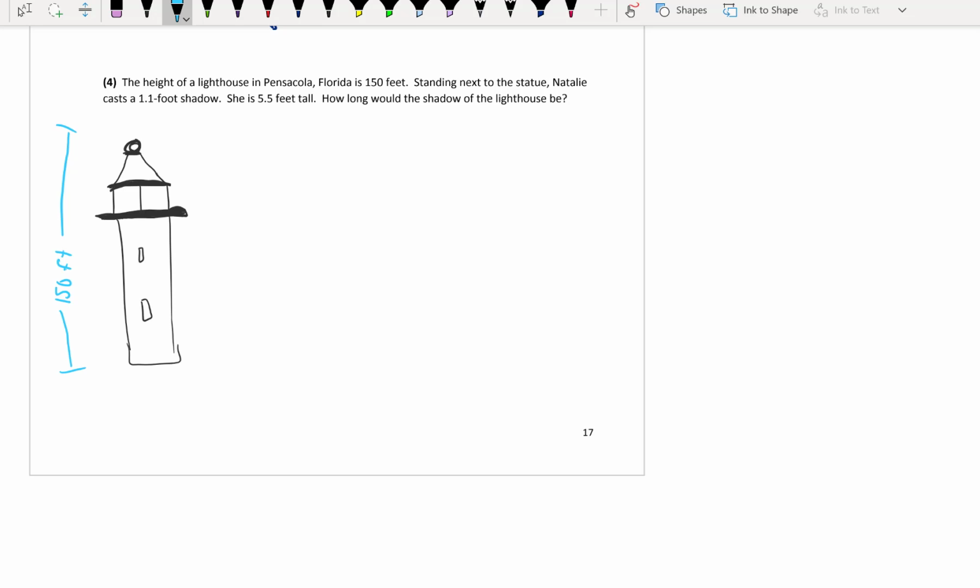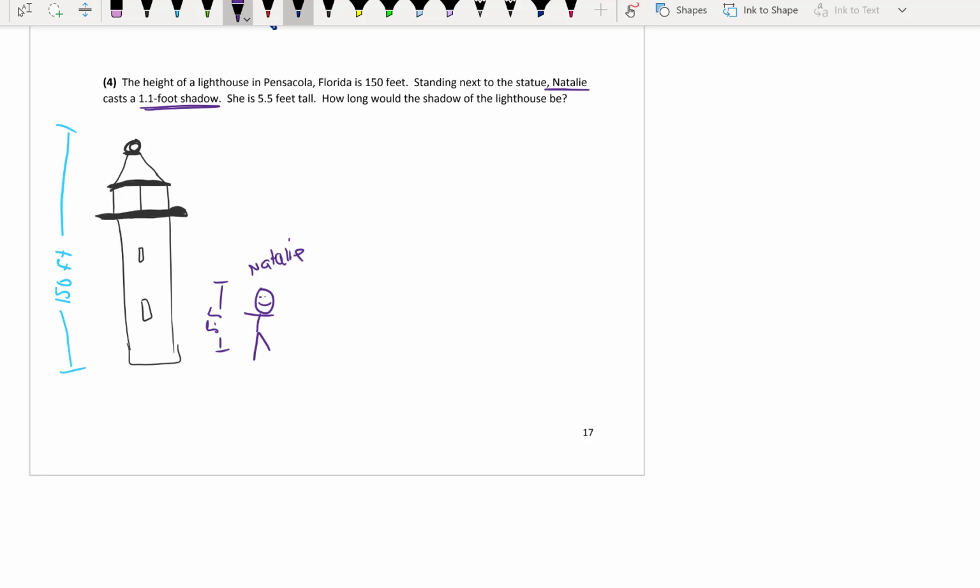And then it says that standing next to the statue, Natalie can cast a 1-foot shadow. So let me go ahead and draw Natalie. And Natalie is happy. So that is Natalie. And she is 5.5 feet tall.